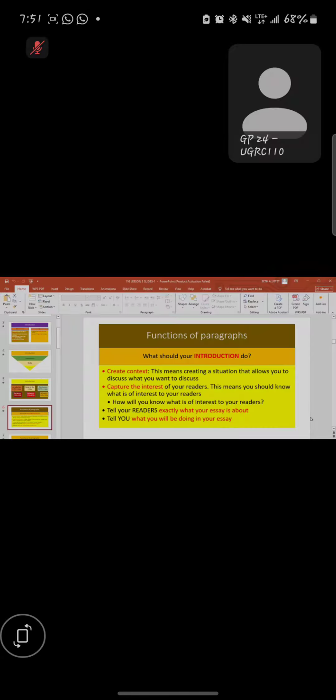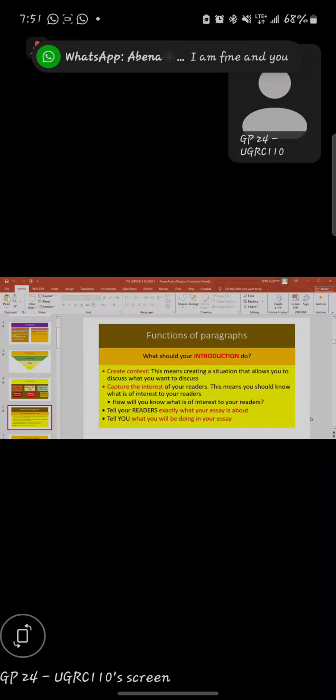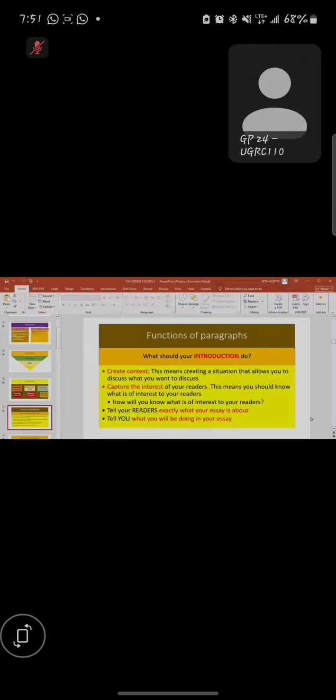You have stated it in the introduction and you must act accordingly. So it's beneficial to both the reader, or in an extended form, the audience, plus the writer. You being the writer, it is beneficial. So the introduction must be designed in such a way that you both benefit while the reader knows what the essay is about.